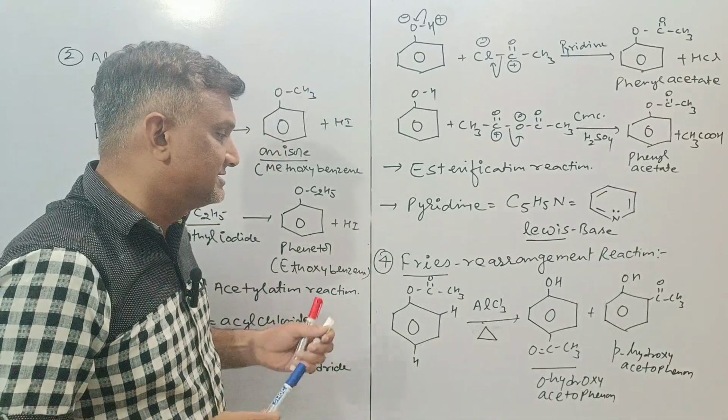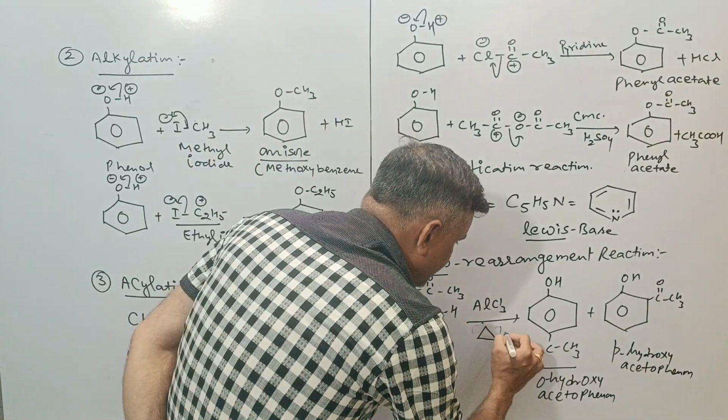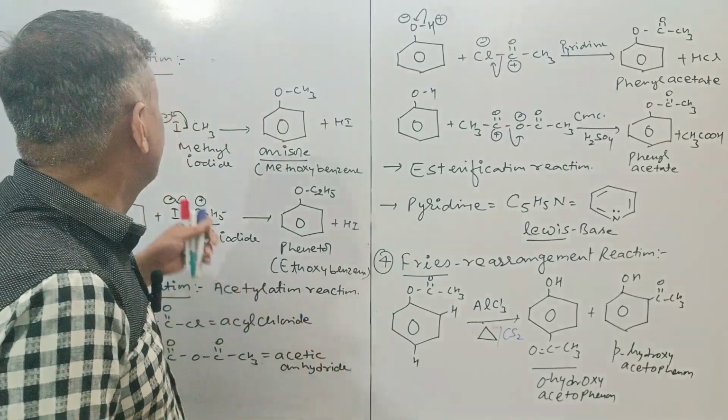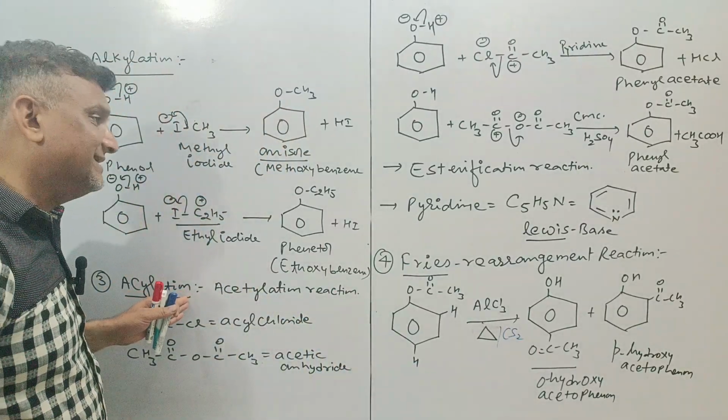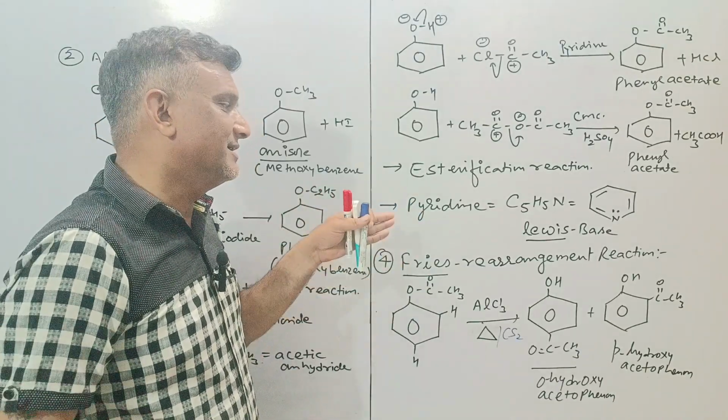If we go with this kind of reaction, we can also use a non-polar solvent, that is called carbon disulfide. So this was about alkylation and acylation. Acylation is also called acetylation, with pyridine as a Lewis base.